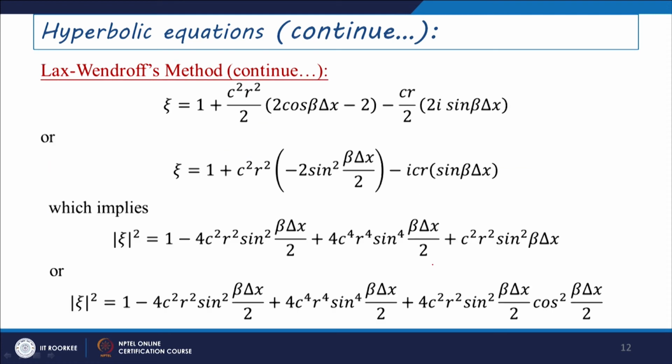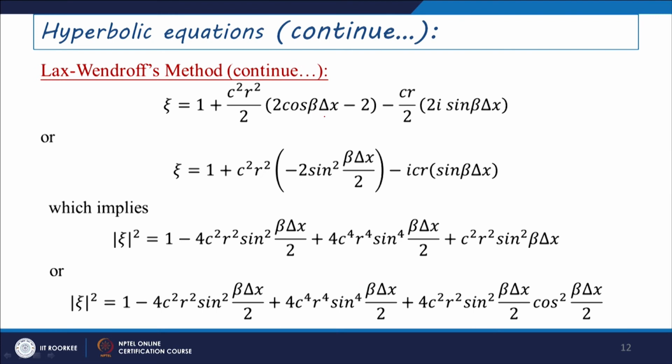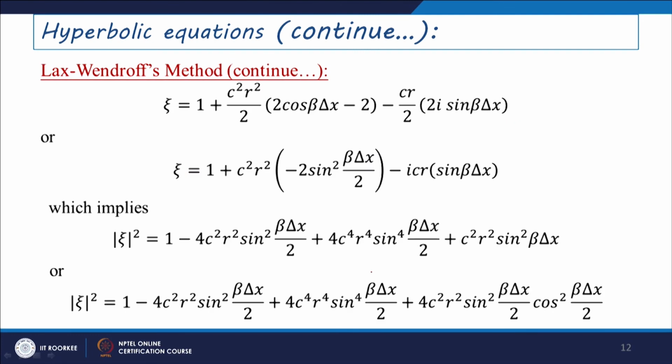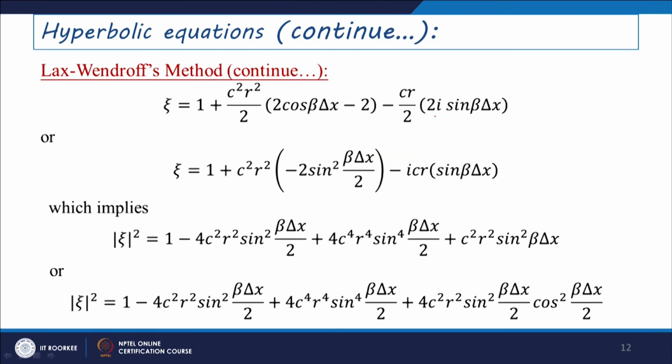And if you go for the further process of this scheme, zeta can be written as 1 plus c square r square by 2 here as e to the power minus i beta delta x plus e to the power i beta delta x. That is why this can be replaced as 2 cos beta delta x minus 2 itself is present, minus c r by 2 into e to the power i beta delta x minus e to the power minus i beta delta x. So, this can be written as 2i sin beta delta x here.